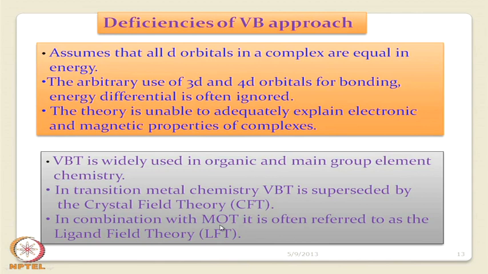When we bring in the molecular orbitals, the theory becomes known as molecular orbital theory, and it is often referred to as ligand field theory, because the ligand, instead of a crystal, gives the field. It is a combination of molecular orbital theory and crystal field theory, giving the latest theory, which is very useful for explaining all the properties of metal complexes. So next day we will discuss crystal field theory. Thank you very much.